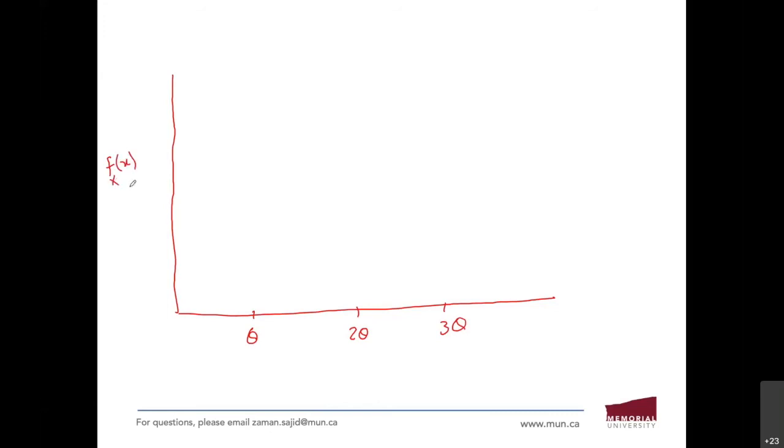Now, m, as I said, is the shape parameter. If you have m equal to 1, your graph will be something like this. This is at m equal to 1. Now, if you have m equal to 2, the graph will be something like this.